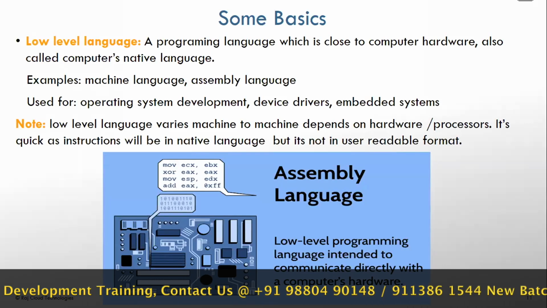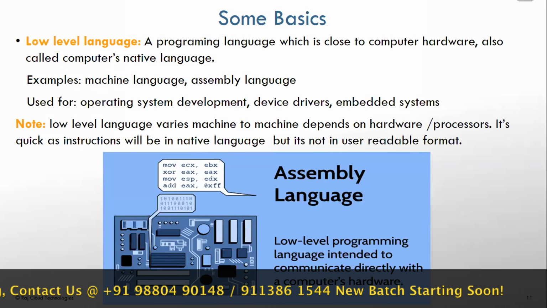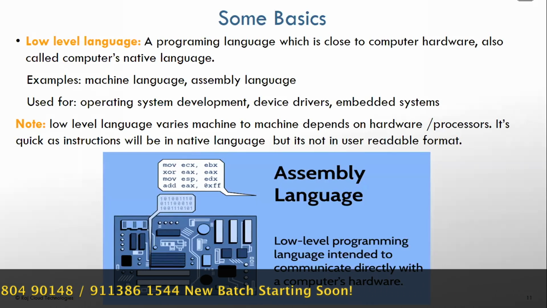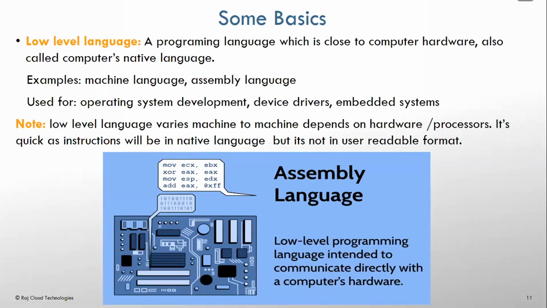We have just read a statement that Python is an interpreted, object-oriented, high-level language. So before knowing Python, you should know, when you say Python is a high-level language, what do you mean by low-level language?